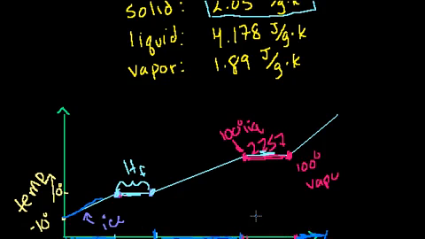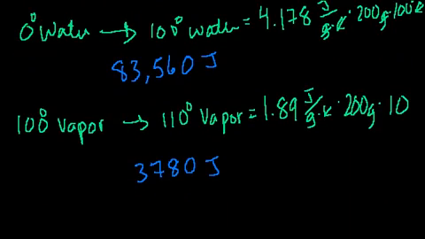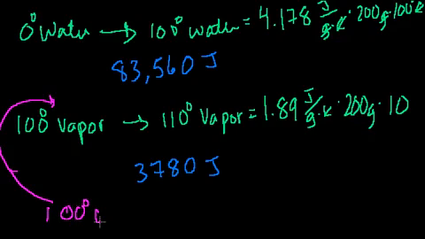I forgot to figure out how much energy to turn that 100-degree water into 100-degree vapor. So that's key. I really should have done that up here, before I calculated the vapor, but I'll do it down here. So 100-degree water to 100-degree vapor, that's this step right here.